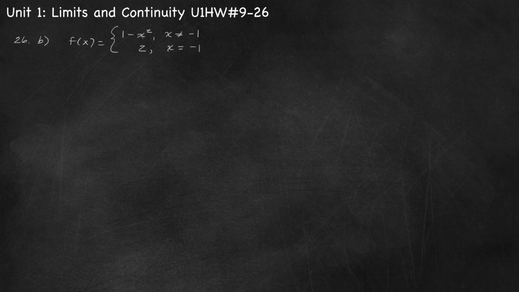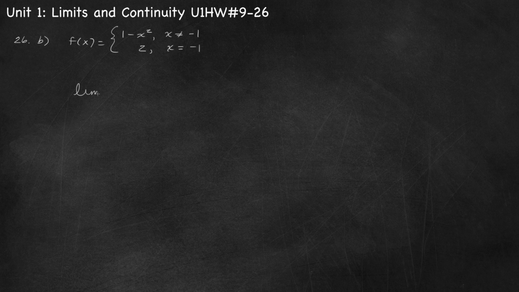So it exists when x is not equal to negative 1. If our C value is negative 1, we have to be a little bit more careful. We have to find the limit by approaching that from the left and from the right. Because remember, when we're talking about the limit as we approach negative 1, we don't really care what's happening at negative 1. We want to know what's happening as we get really, really close to negative 1.